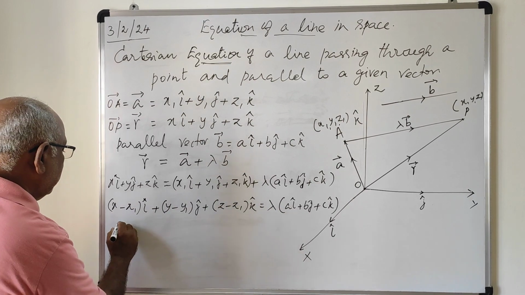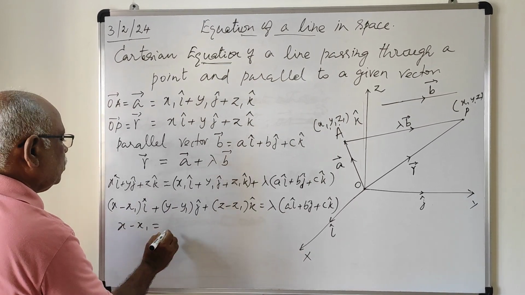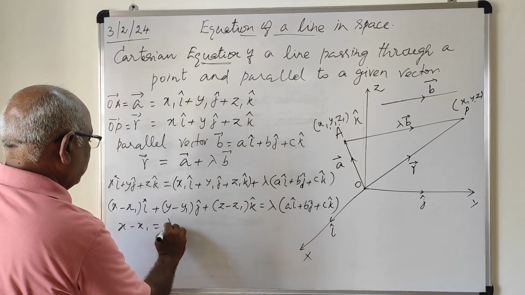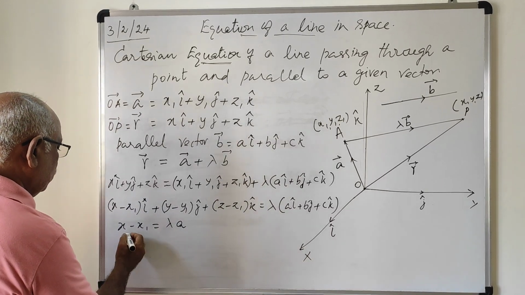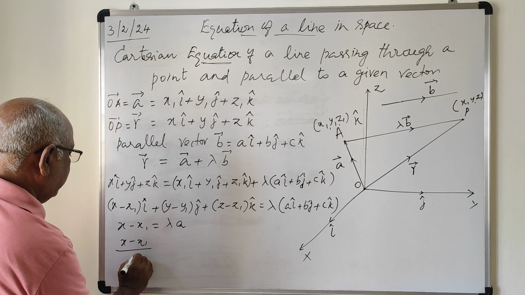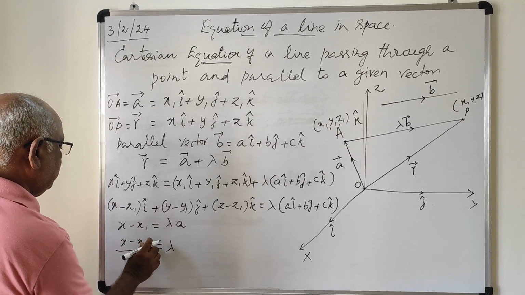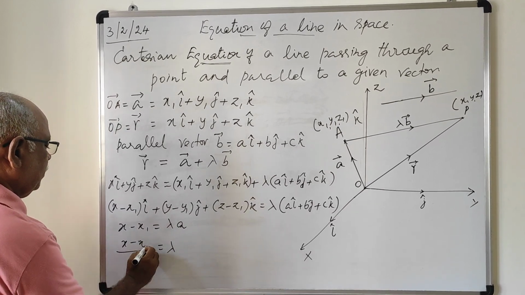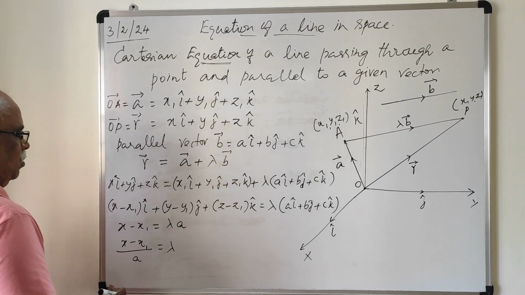For eliminating lambda, x minus x1 equal to lambda a. Therefore, x minus x1 by a equal to lambda.